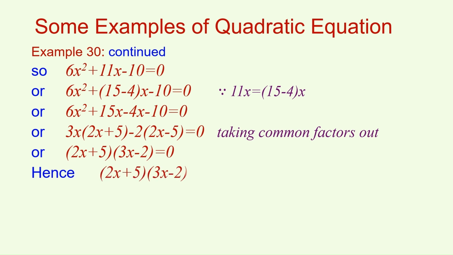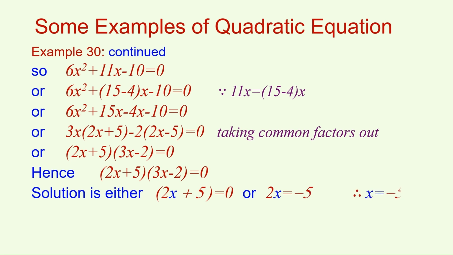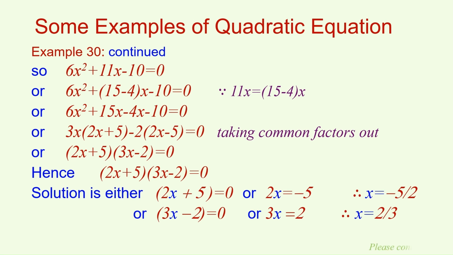Hence (2x plus 5)(3x minus 2) equals 0. Solution is either 2x plus 5 equals 0, or 2x equals minus 5, therefore x equals minus 5 halves, or 3x minus 2 equals 0, or 3x equals 2, therefore x equals 2 thirds.